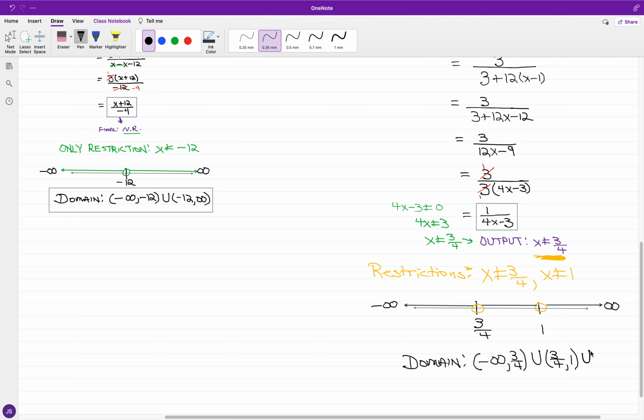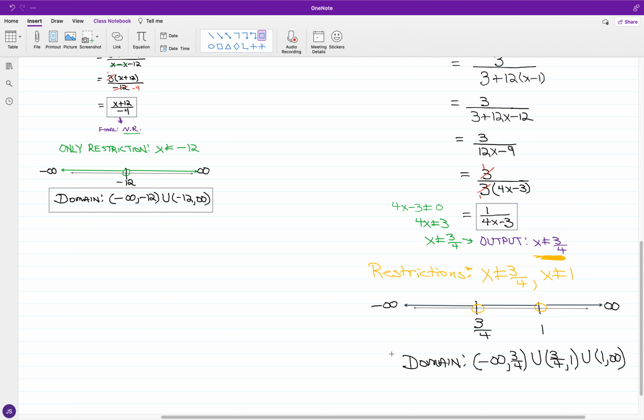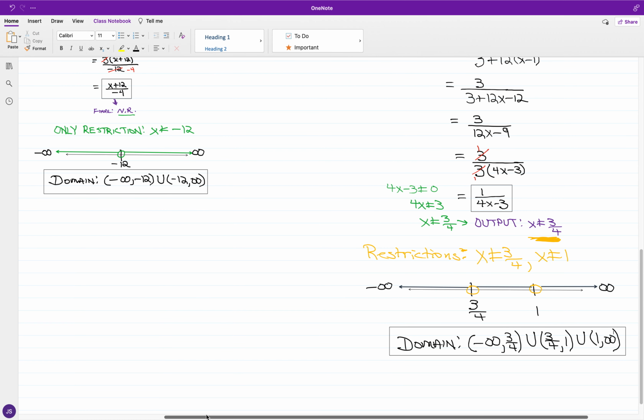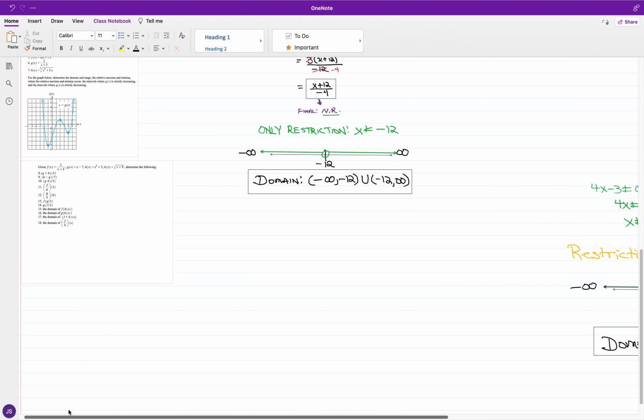Finally, we have those values of x which will be greater than 1. So that was the last exercise in the first part.